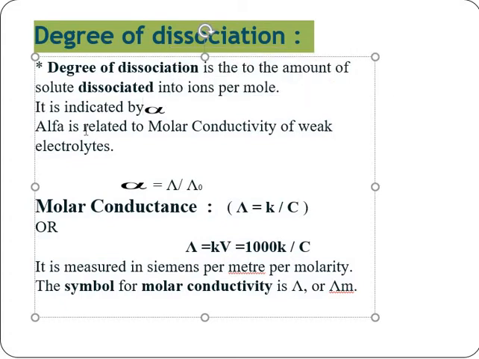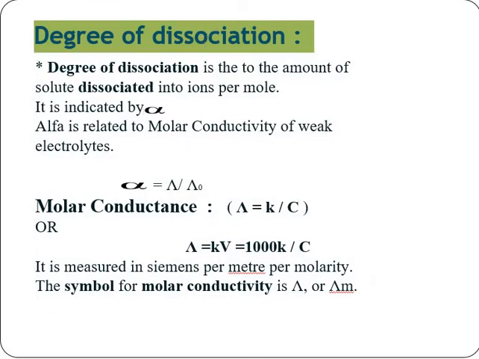Degree of dissociation is related to the molar conductivity of weak electrolytes: the ratio of molar conductivity to the molar conductivity at infinite dilution is also called the degree of dissociation. This is the relation between degree of dissociation and molar conductivity.